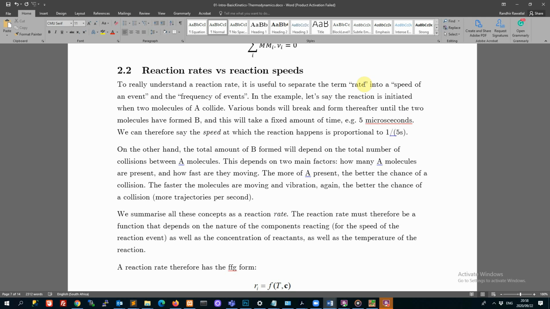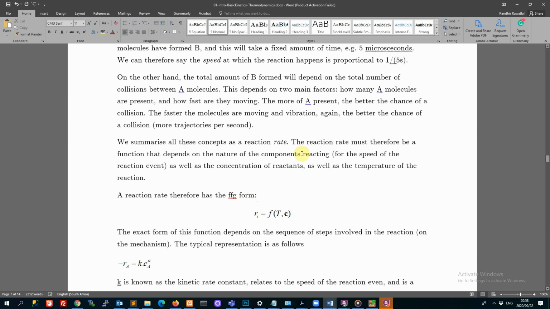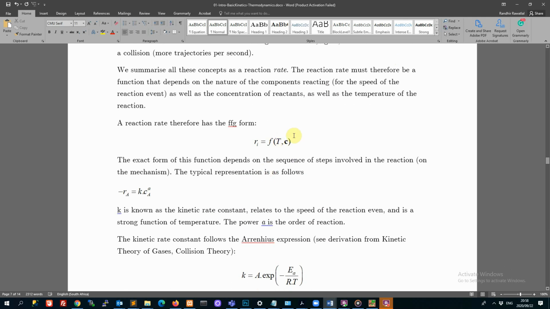If you can make this distinction clearly, it helps a great deal with some of the more complex aspects of understanding chemical reaction engineering. All right. Now, in a way, this is quite neatly summarized for us. The reaction rate, as we'll see many times in the future, is a strong function of temperature, and it's a function of concentration.